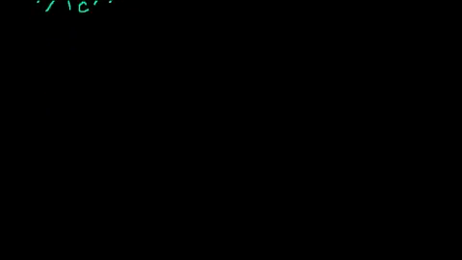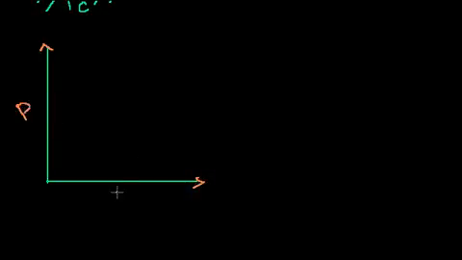So let me just draw a PV diagram. P and V. In the Carnot cycle we've done so far, we always moved in one direction. We had our isothermal expansion.